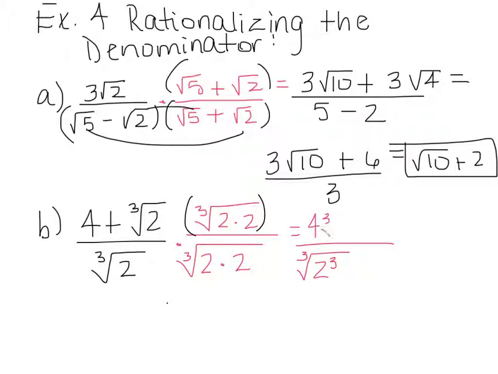And I'll get 4 cube root of 4 plus cube root of 2 cubed. And then simplifying this, I'm going to get 4 cube root of 4 plus 2 over 2, because the 3's will cancel.